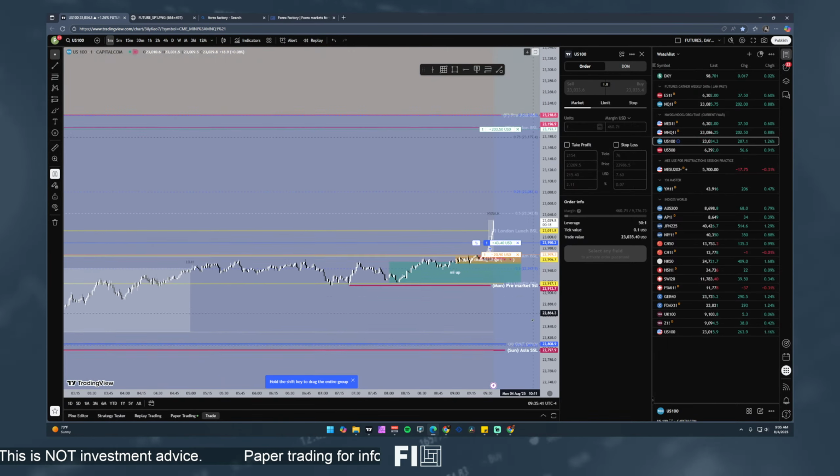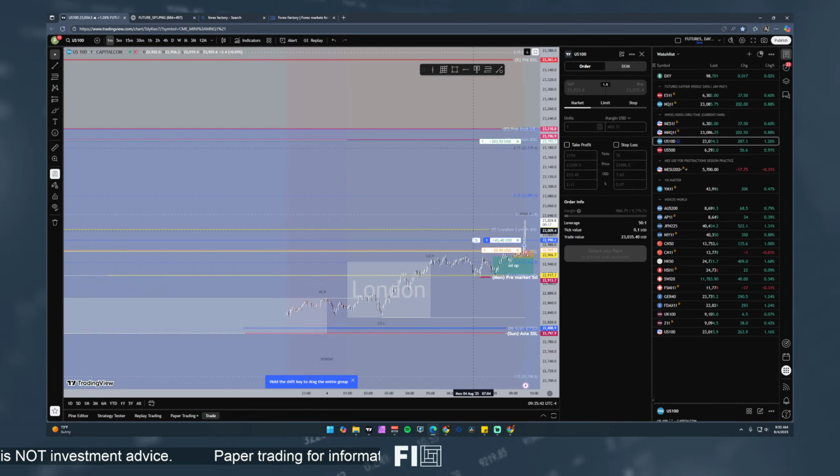I'd love to see something like that, no? Reaching up to these highs, the London buy-side liquidity. Let's expand our view a little higher, maybe 5 minutes. Let's see if it'll continue going up in that direction.